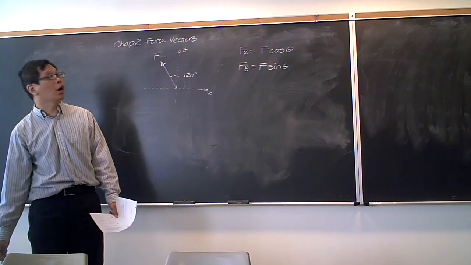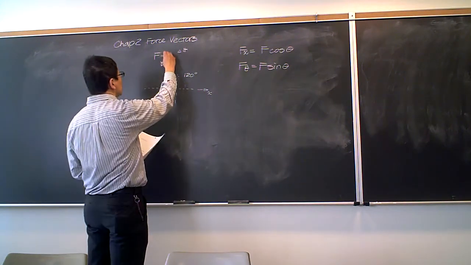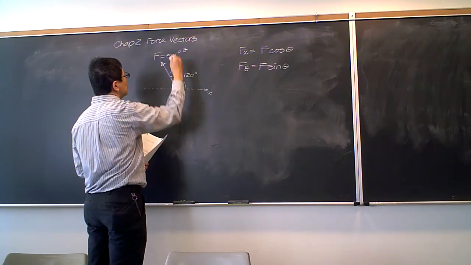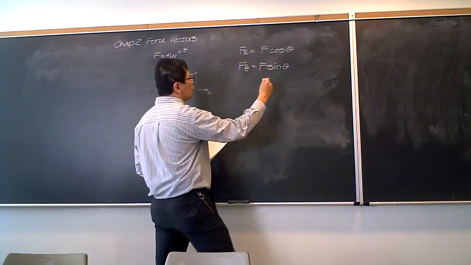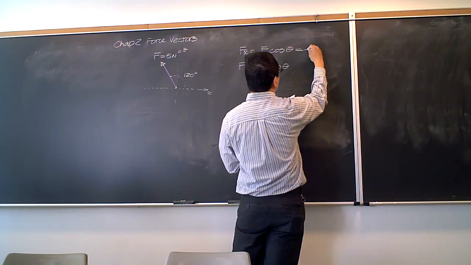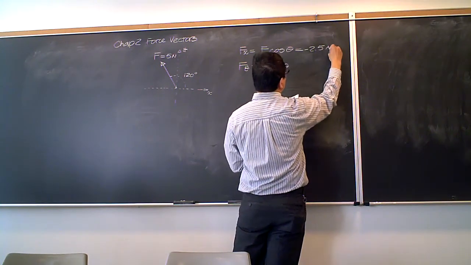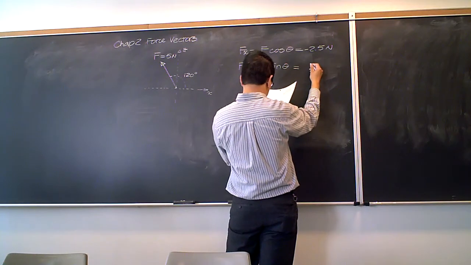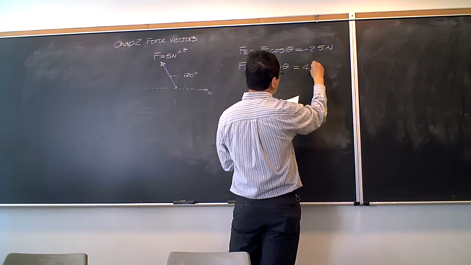So in this case, what are you going to have? Let's say this is equal to 1 Newton. So if you do that, this is going to be negative 2.5 Newton. This one is going to be 4.33.